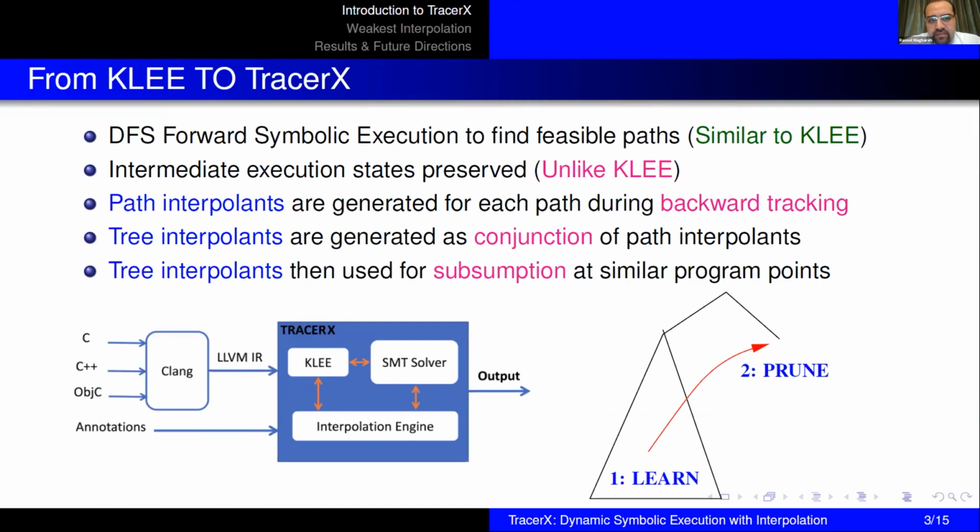And then when all the paths below a subtree are traversed, we create a tree interpolant from the paths in the subtree as the conjunction of the path interpolants. Later we use the tree interpolants for subsumption of similar program points inside the symbolic execution tree.